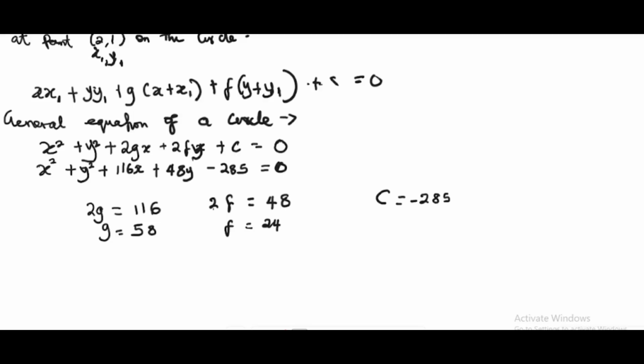Okay. So now when we substitute this into the equation, remember that the point is (2, 1). That's our x1, y1.